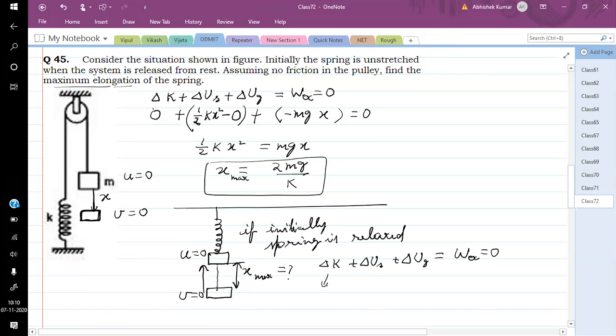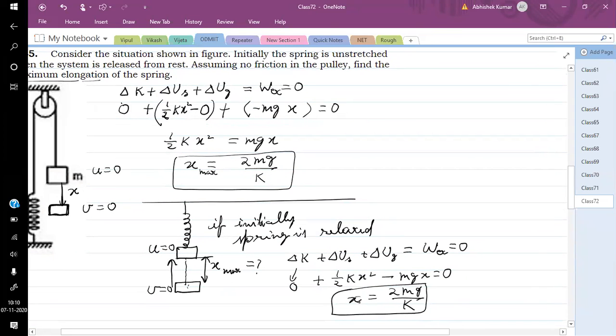So this delta K is 0. The change of kinetic energy initially 0, finally also 0. Spring potential energy half kx square after traveling distance x. Then gravitational potential energy minus mgx equal to 0. So x we are going to get same thing, 2mg by k. Okay, so in this kind of questions we get answer 2mg by k.